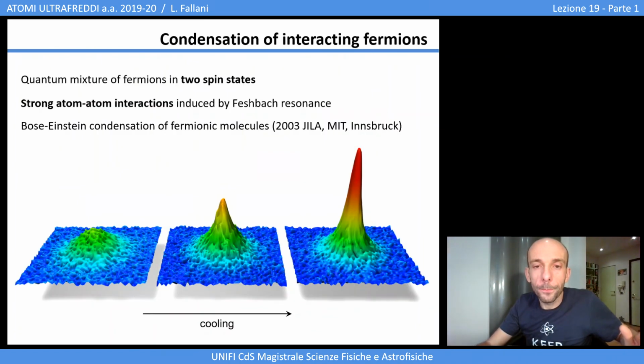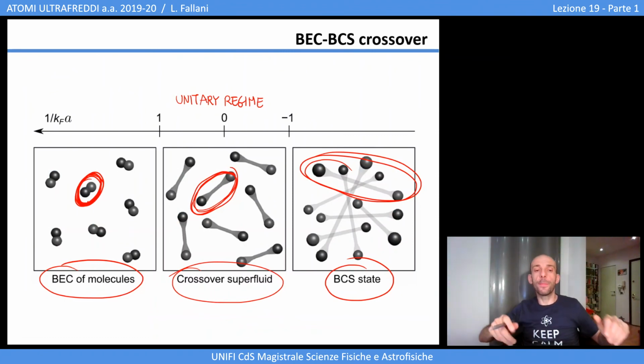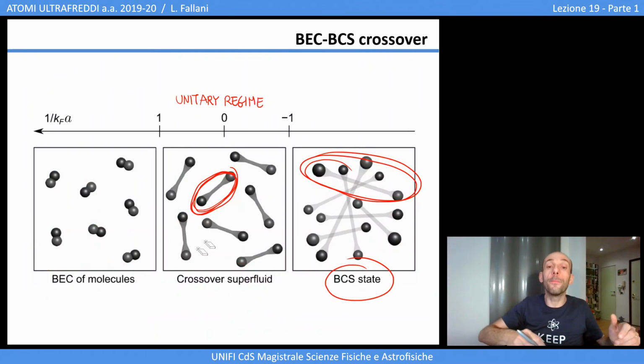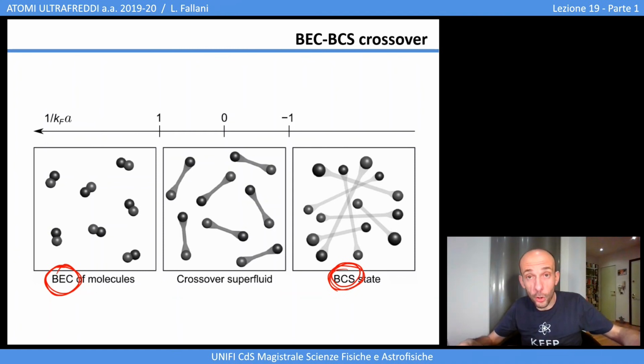This crossover between the two regimes, BEC and BCS, is called the BEC to BCS crossover. You don't have any phase transition between these two limits, just a continuous change in the properties of your fermionic superfluid between the two regimes.